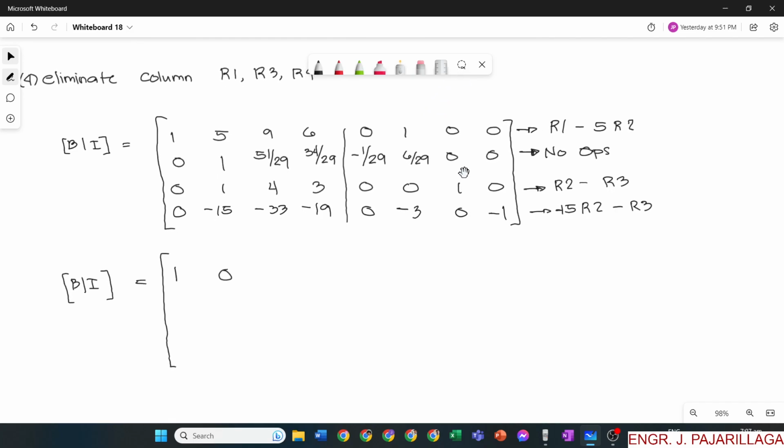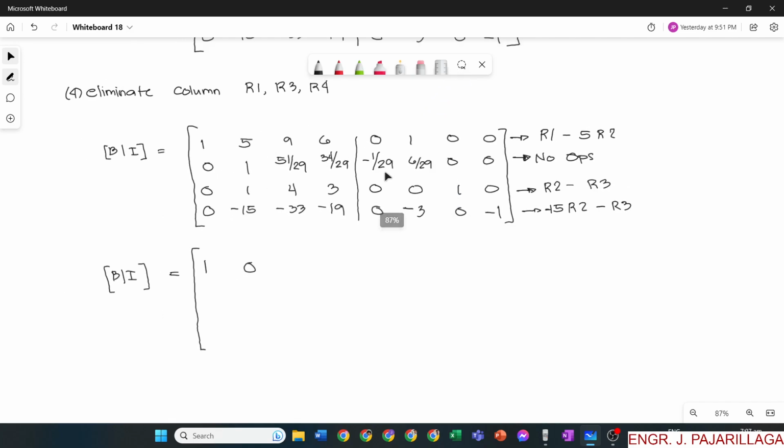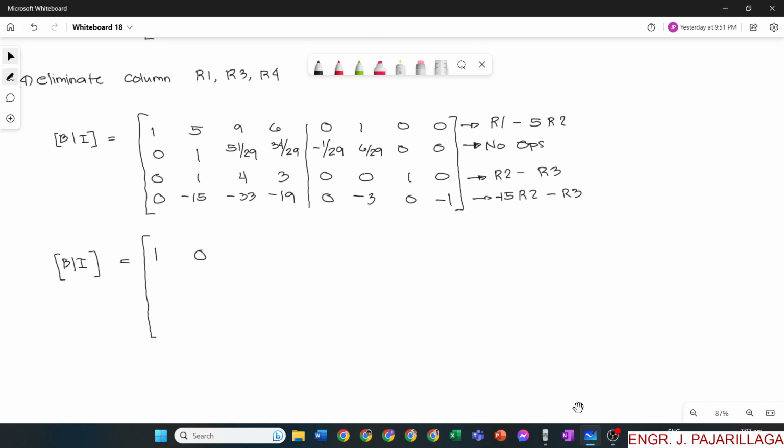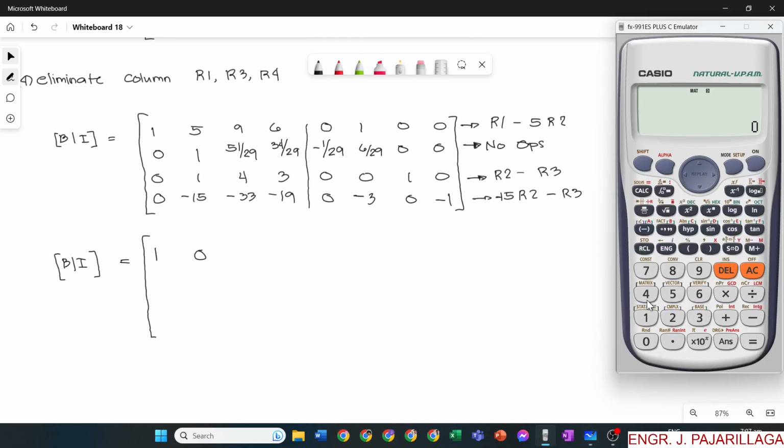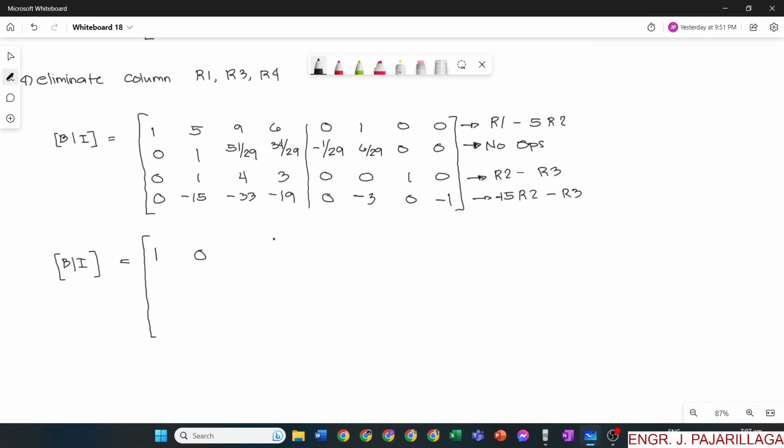Or i-zoom out ko na lang. Malaki naman yung sulat ng sir. Kita naman. Ayan. Okay, so dito na tayo sa column 3. You have 9 minus 5 multiplied by 51 over 29. Oops, naka-matrix ako. You have 9 minus 5 multiplied by 51 over 29. That is 6 over 29.